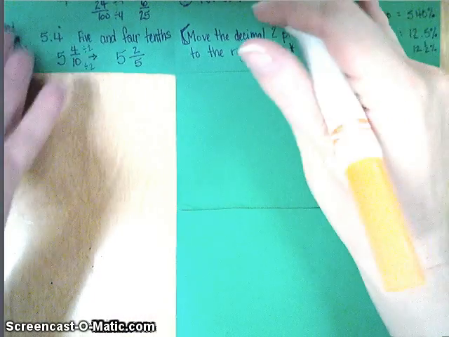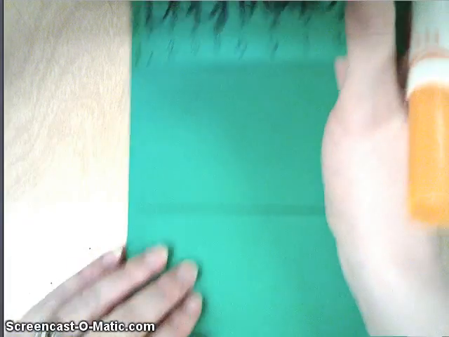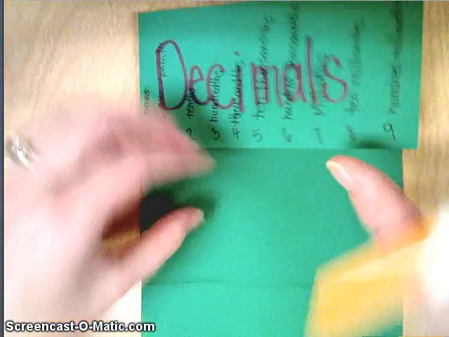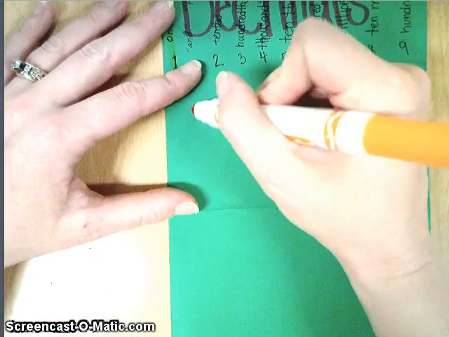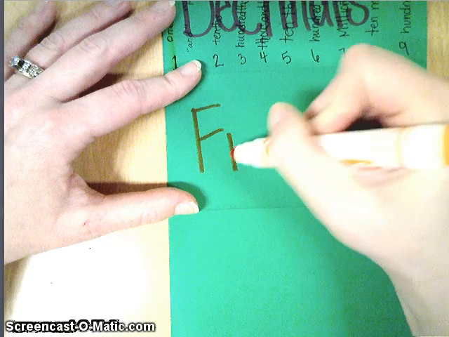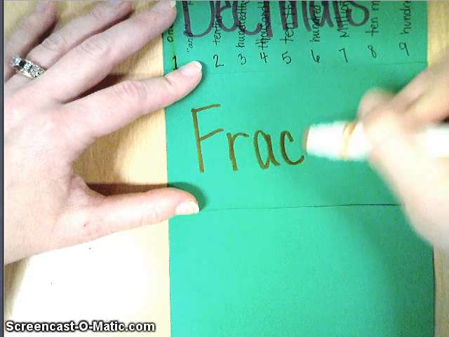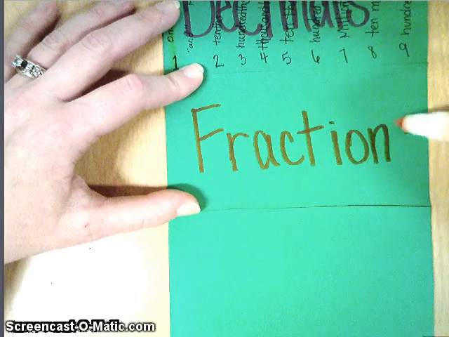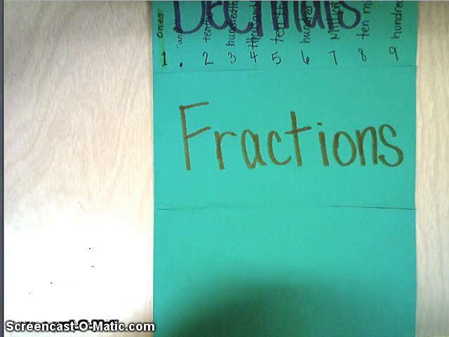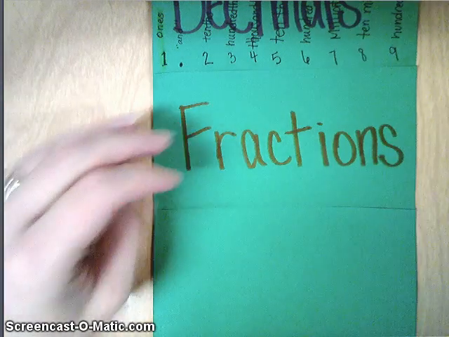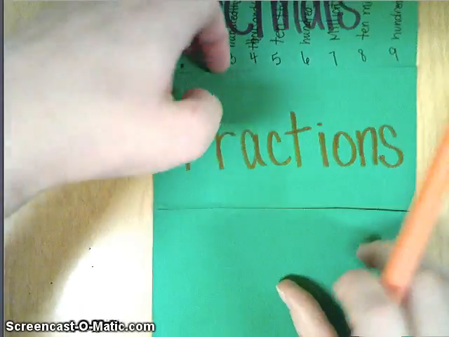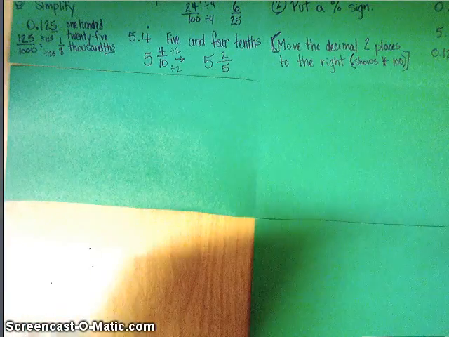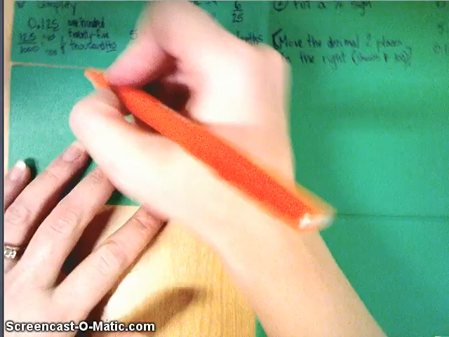So here we're going to finish the fraction portion. We've done decimals to fractions and decimals to percent. So now we're going to do fractions. First, we'll change a fraction to a decimal.